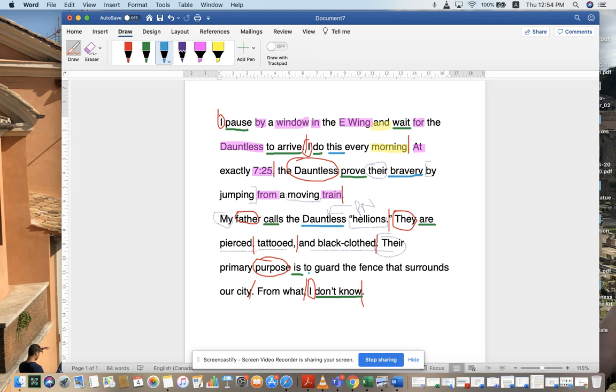We have an infinitive, a predicate nominative, introducing a purpose clause: to guard what? The fence. That, and once again, please refer to the previous videos, the relative clause. And once again, just asking you to be aware of this that, because that should be which, right? So it's the fence which surrounds our city, and this is relative to fence.